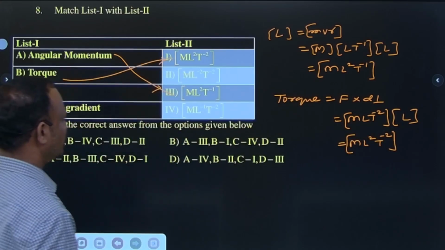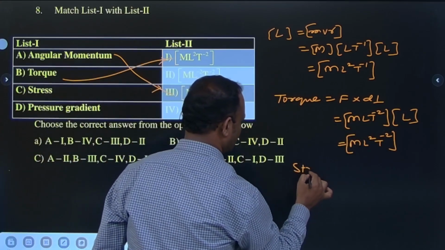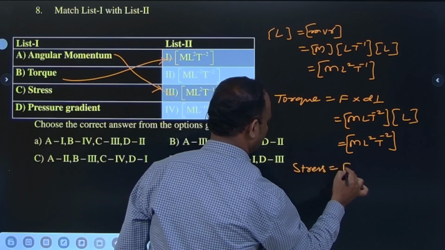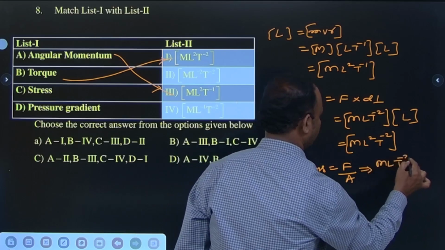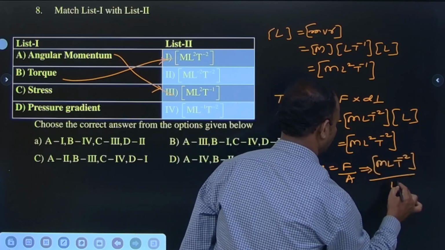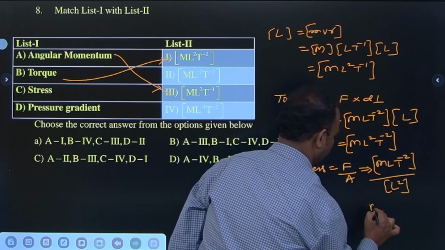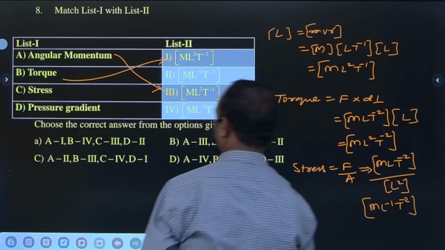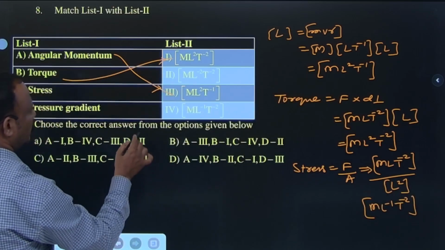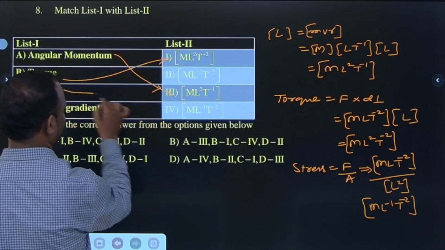Next one is stress. Stress is equal to force per area. Force dimensional formula M L T minus 2, area is L square. We can write M L minus 1 T minus 2. So stress is M L minus 1 T minus 2.